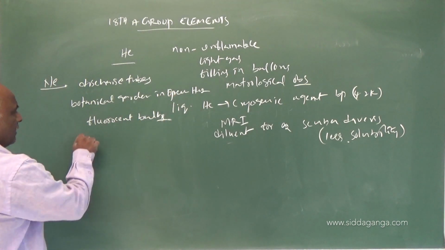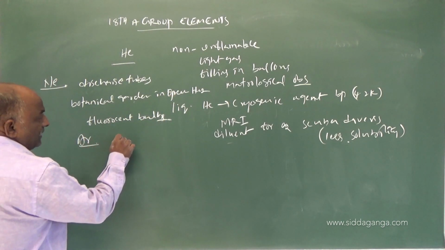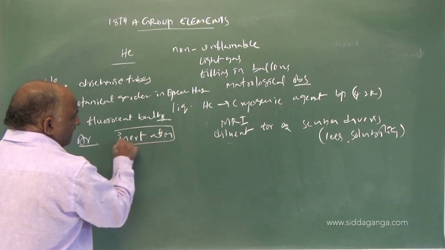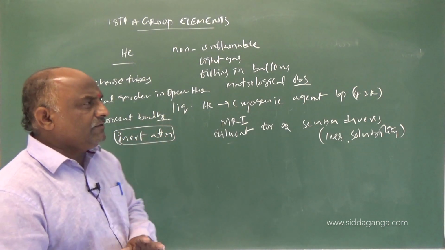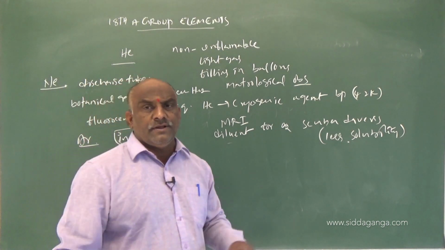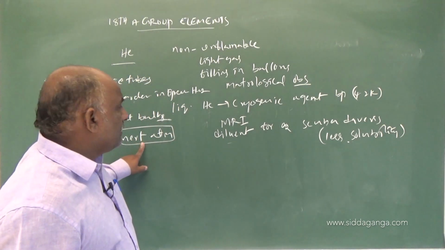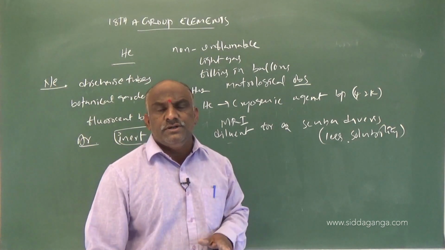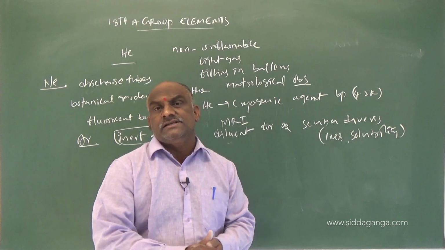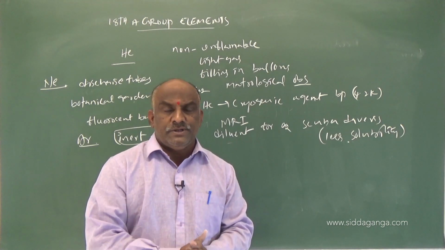Coming to argon, argon is used to create an inert atmosphere. Very important: argon is used for creating an inert atmosphere, especially in metallurgical processes, because some reactions take place in an inert atmosphere.